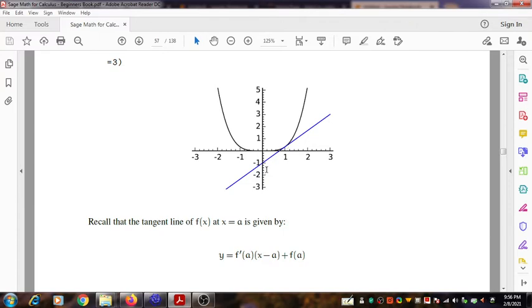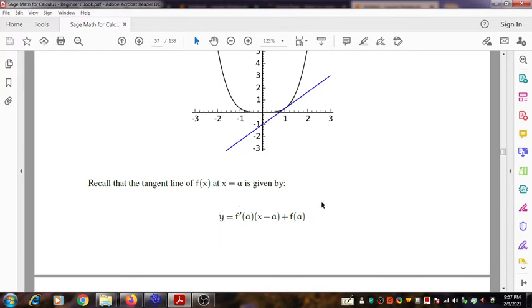This tangent line has a slope, and the slope of that tangent line is given by f'(a). You can see the equation given here: y equal to f'(a) times (x minus a) plus f(a) is the equation that represents this straight line.